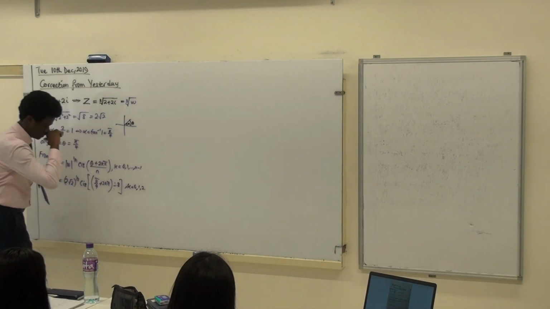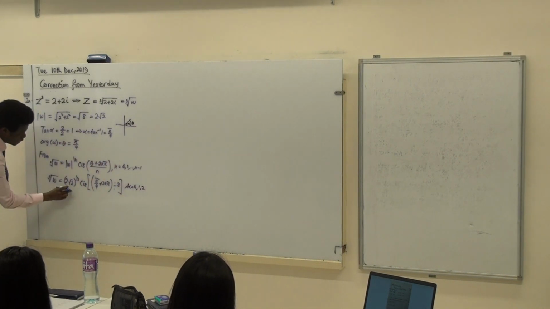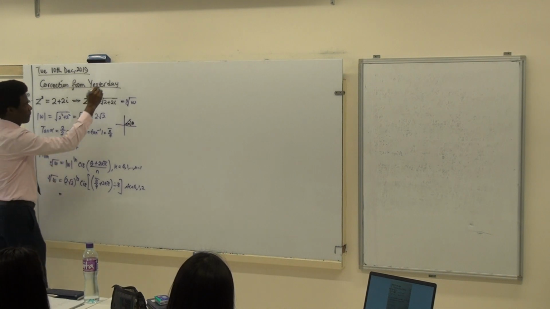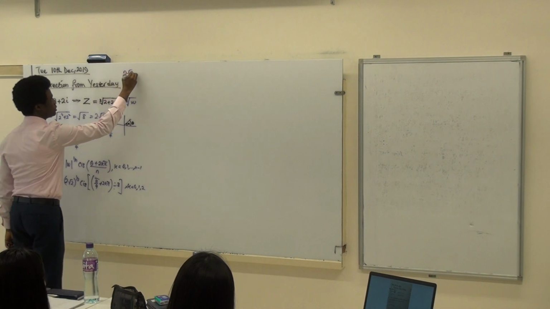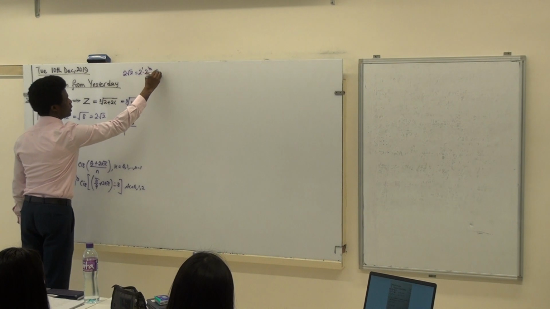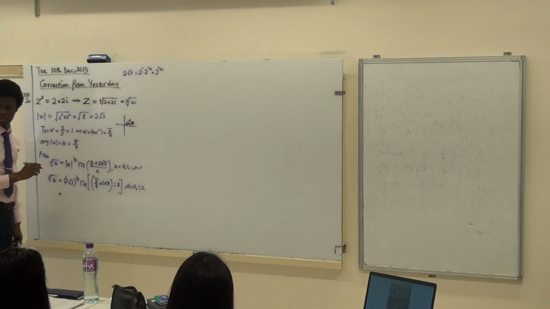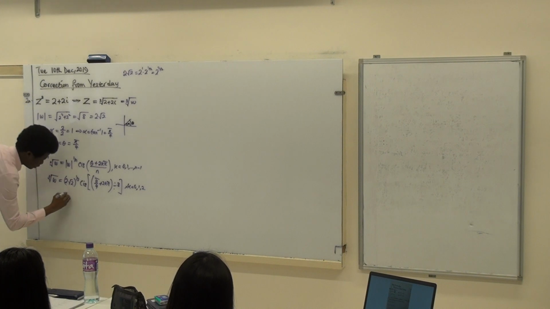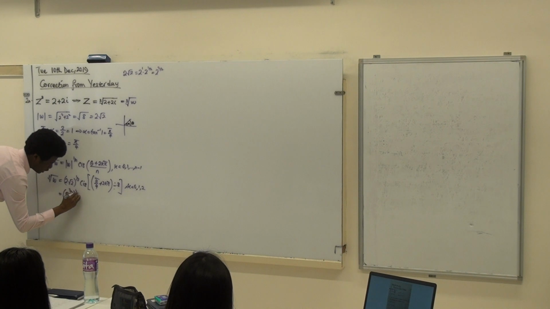So let's simplify that. Do you agree 2 root 2 is 2 to the power 1 times 2 to the power half, and that's 2 to the power 3 over 2? So 2 to the power 3 over 2, then to the power 1/3.